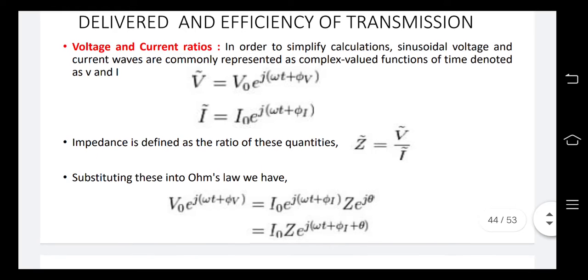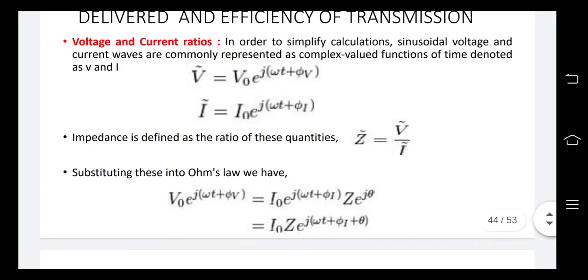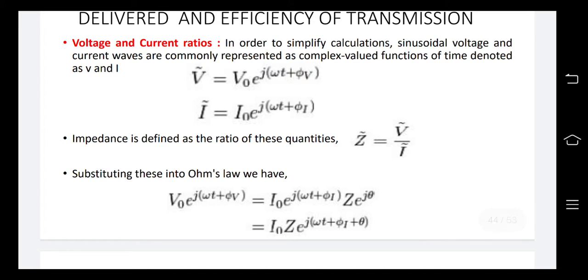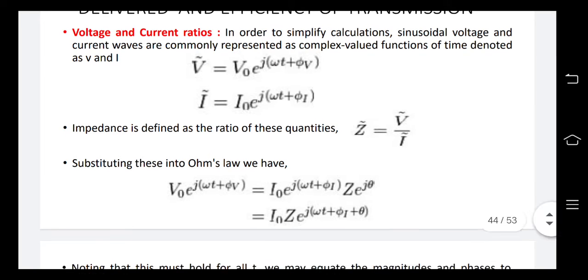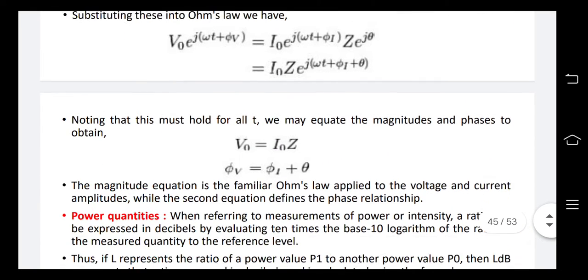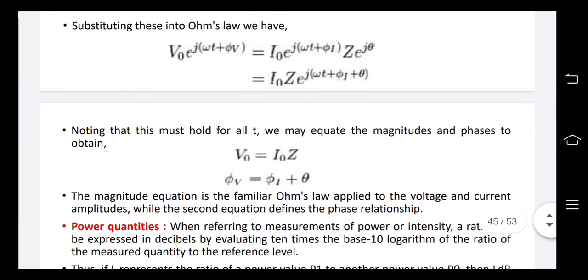Substituting these into Ohm's law, that is V equals I into R, we substitute both the values of V cap and I cap, and we get the simplified expression I naught into Z e power j (omega t plus phi I plus theta). Noting that this must hold for all t, we may equate the magnitudes and phases.